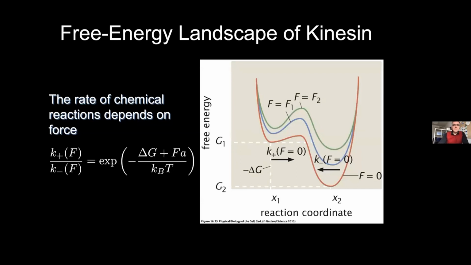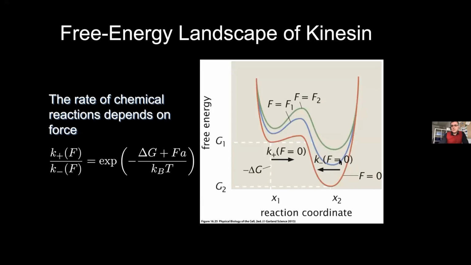So what happens with these rates if we now apply some forces? This is just a landscape with two minima. The first minimum is here at x1, the second one is x2, and of course there is a certain rate of going back and forth along this landscape. But what happens with this landscape if we apply some force? Then this landscape changes.